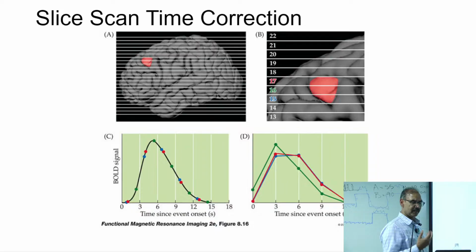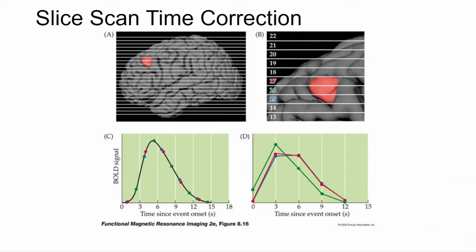Example where they are showing how, like, time since event onset, and this is time since, with and without correction, how the signal would look like, right?